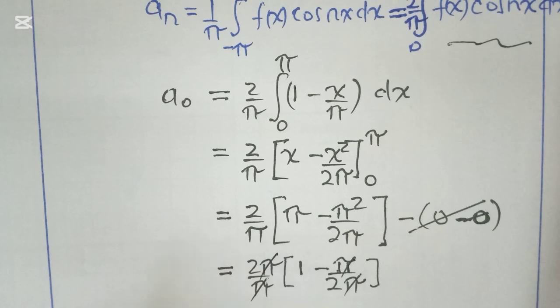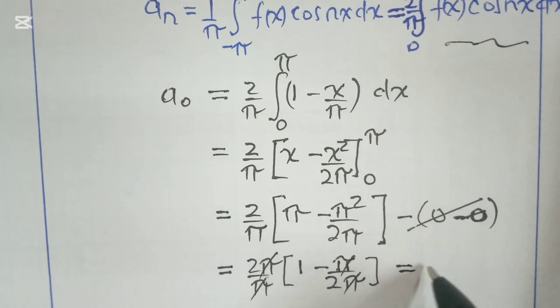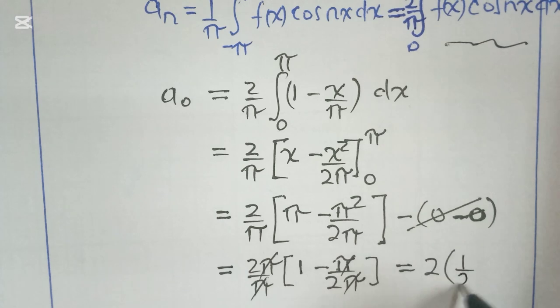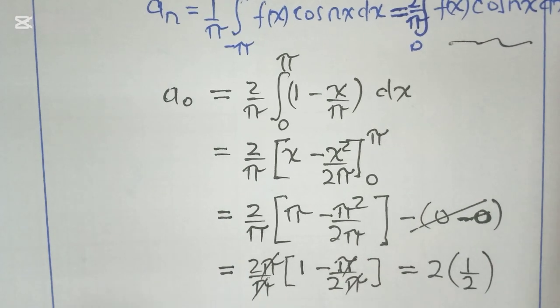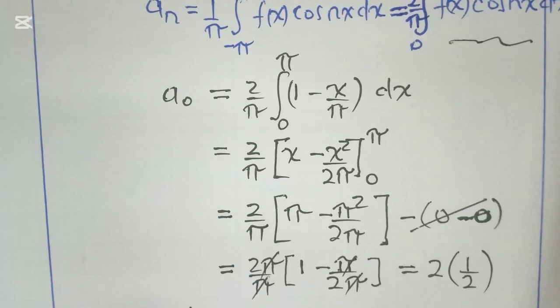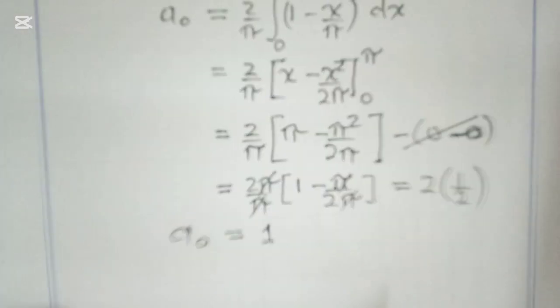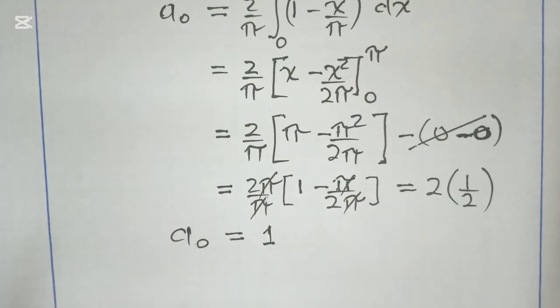This can cancel with that one. So we are left with 2, and inside here we have half. And so guys, our A0 should give us 1. So that is our solution for A0.